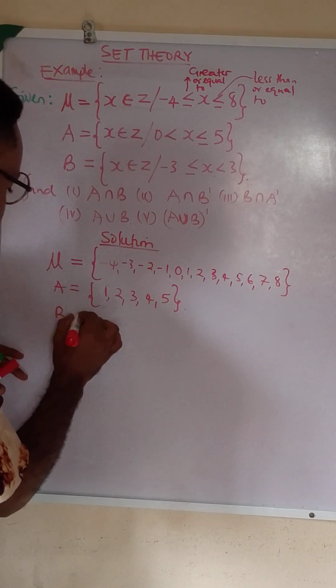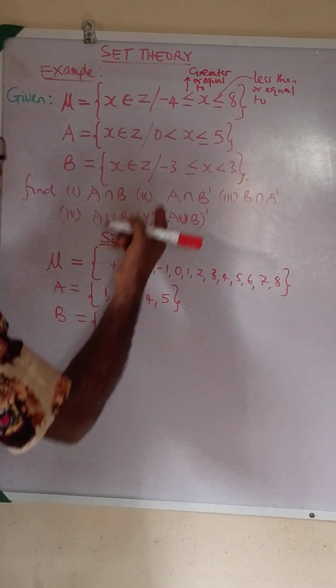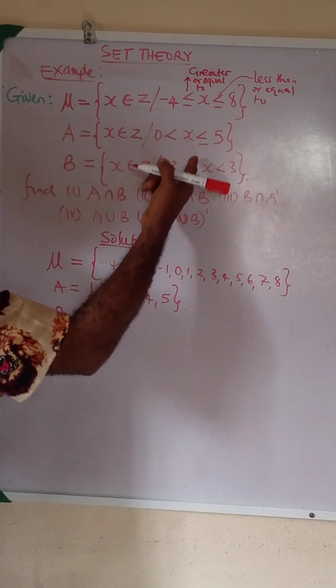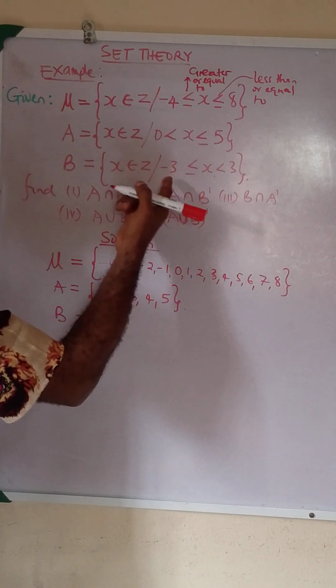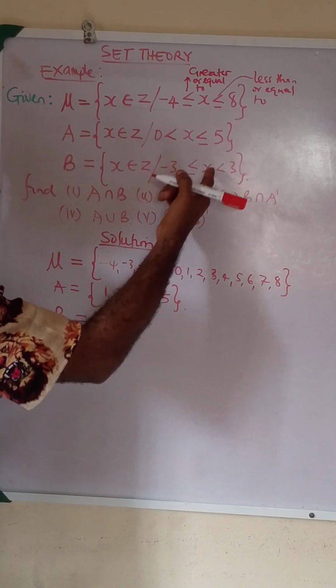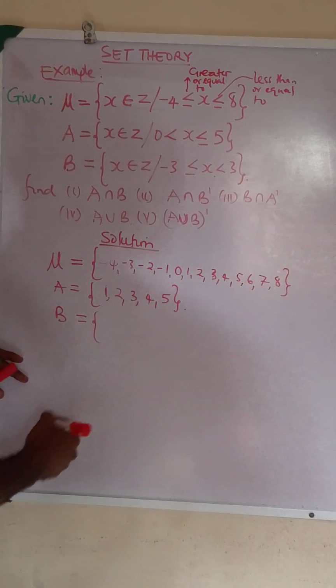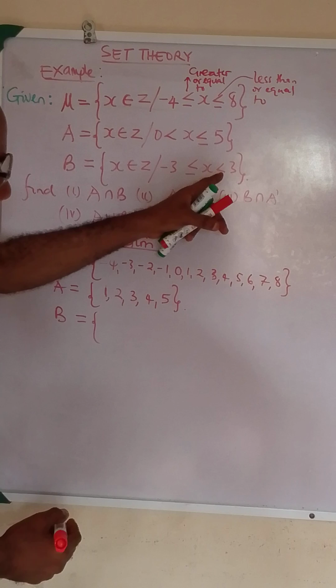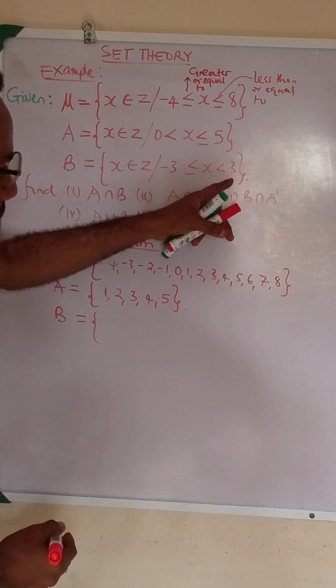And then for B, we are told that X is greater than or equal to -3 and X is less than 3. And so if X is less than 3, it means we are going to stop at 2 here.